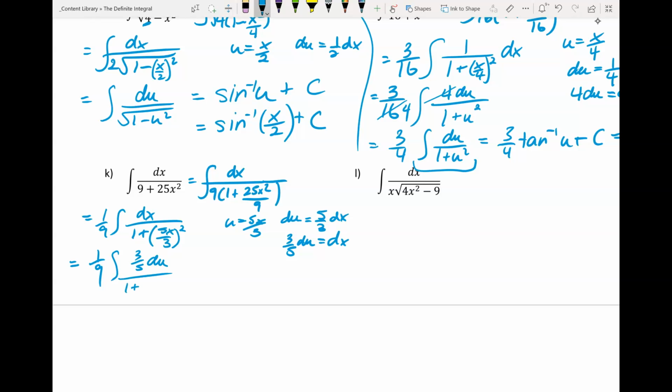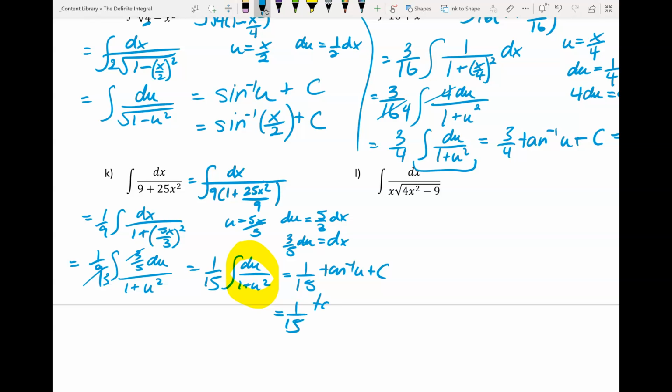Then I have 1 plus u squared, because 5x over 3 is our u. I'm going to move this 3 over 5 to the front. This would cancel out this 9 and have a 3 at the bottom, so that's actually 1 over 15. Now this part here is tan inverse once I integrate. And then I'll replace that u, and we are done there.